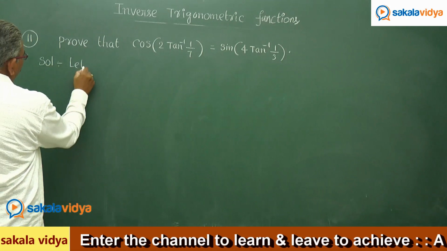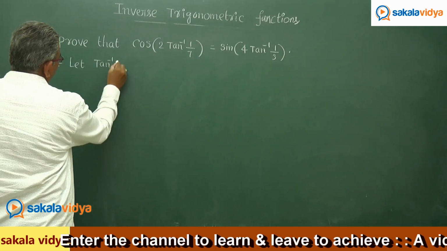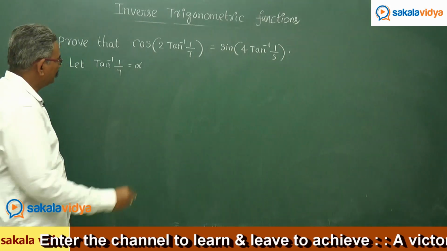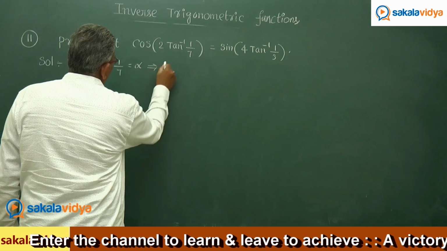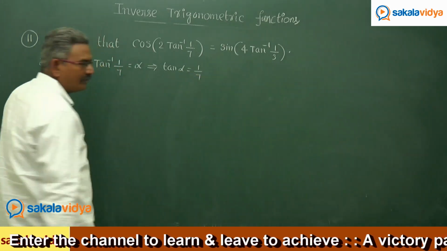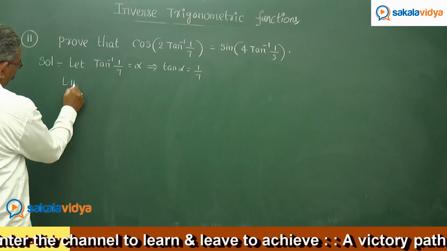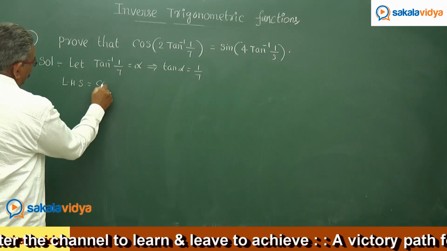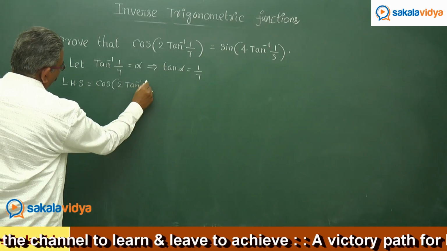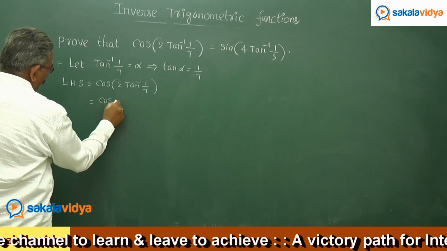Let tan inverse 1 by 7 equals to alpha. Tan alpha equals to 1 by 7. Let us consider left hand side, that is cos of 2 tan inverse 1 by 7 equals to cos 2 alpha.